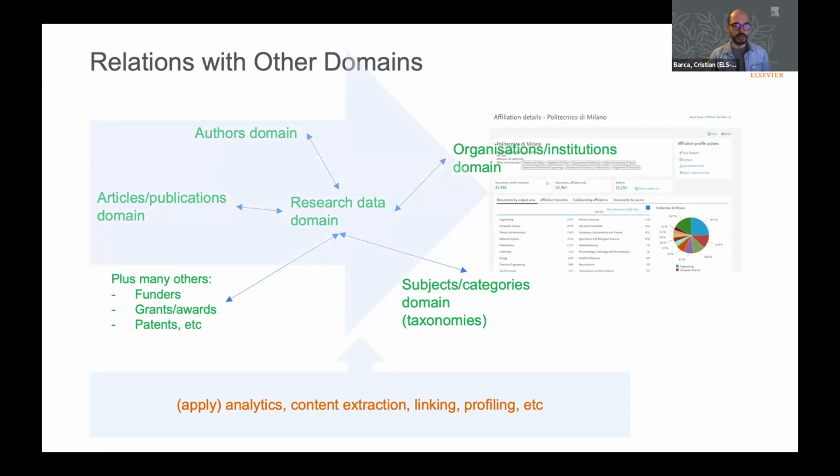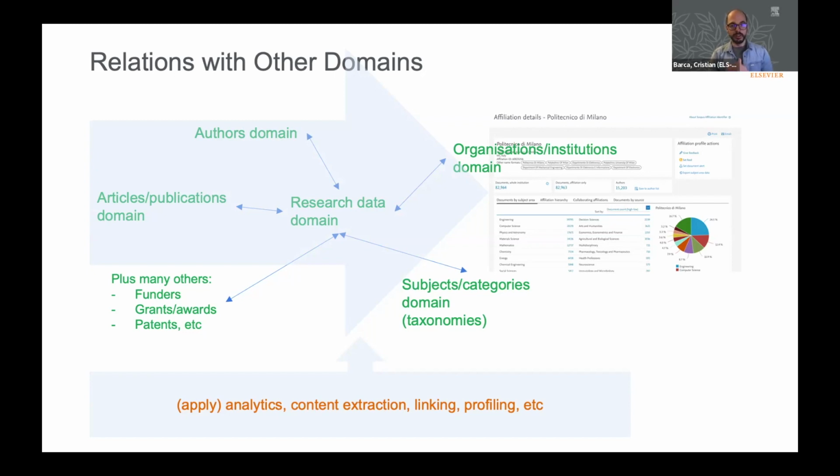And this is just an example that I put here for you to see that information from the research data domain, maybe the categories, classifications, and authors, can give a lot more insights to the institution's domain.